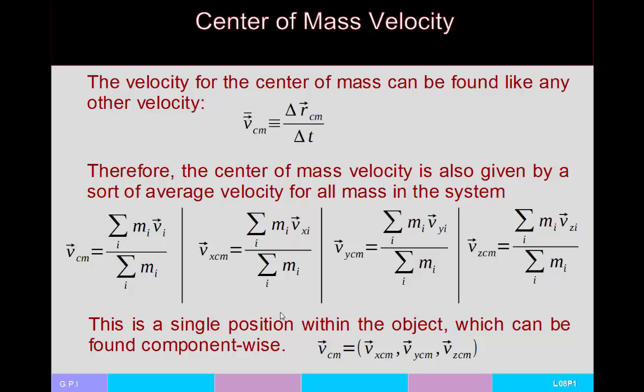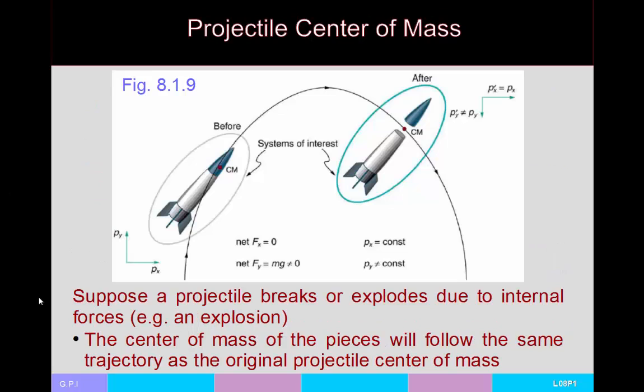And so if you want to get the total velocity of the center of mass of a system, you basically can find the x, y, and z components in Cartesian form like this. So that's basically what that simulation is doing in calculating what the center of mass velocity is for a system of two or more particles.